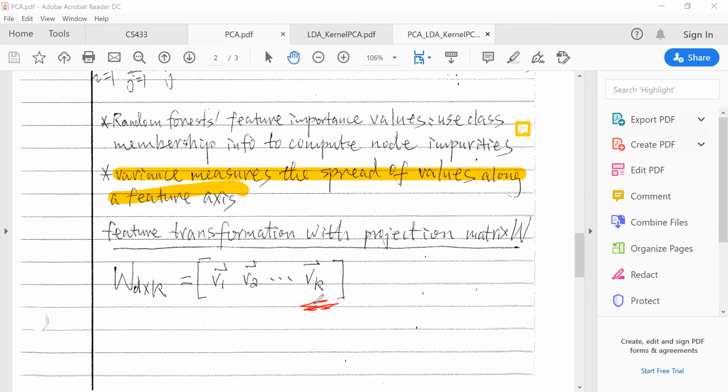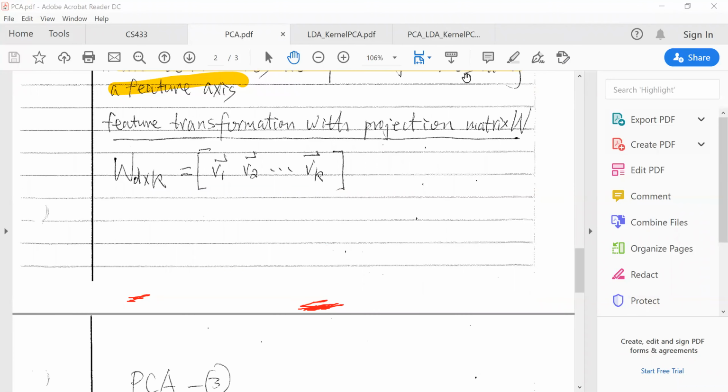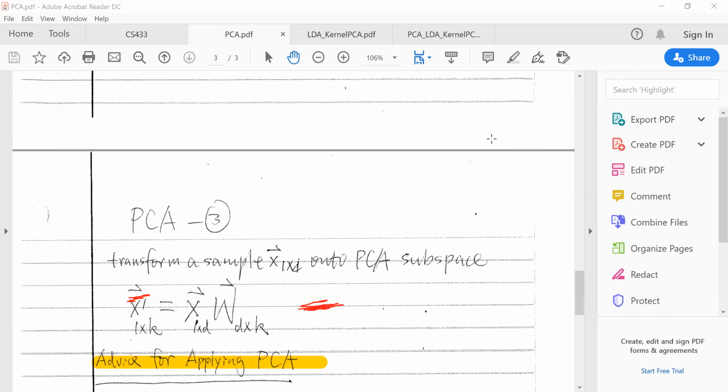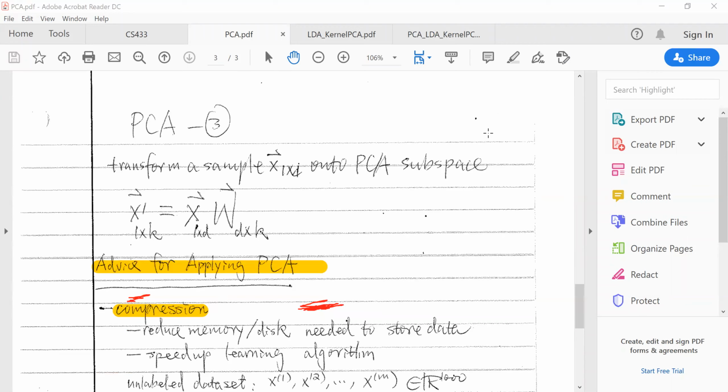So the original has D features, and here you reduce it to K features, also in the new feature space. This is the idea about the principal component.